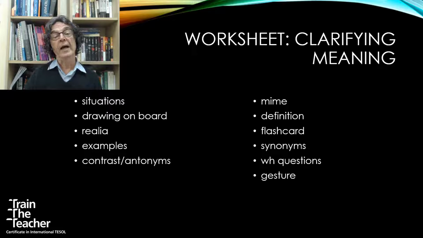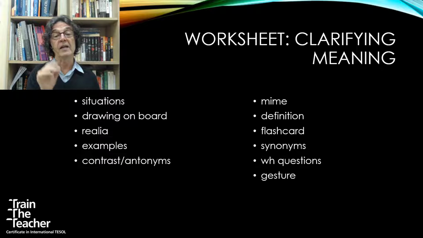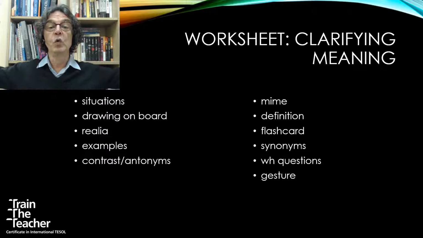You might look at WH questions, so where can you see huge things? What does it look like? And so on. Use those WH questions like the ones we have identified in the vocabulary question list. And then of course, as I've mentioned already, use gesture. So tiny and huge.